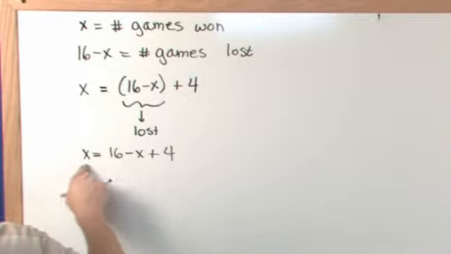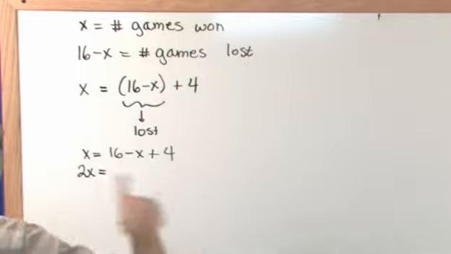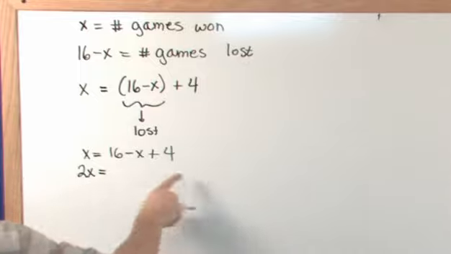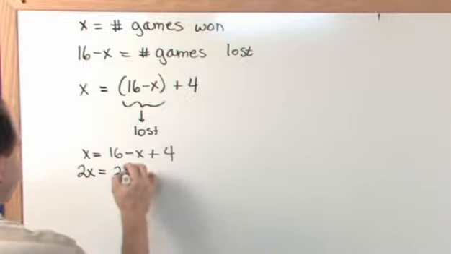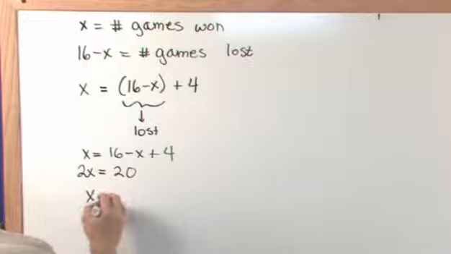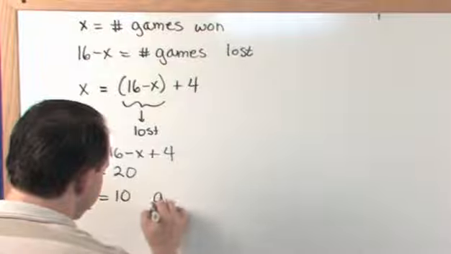If I add x here and add x here, I'll get 2x is equal to, and this x totally disappears from the other side because minus x plus x is 0. 16 plus 4 gives me 20. So x is equal to, you just divide by 2 on both sides, 20 divided by 2, which is 10. So we already said that this is the games won.